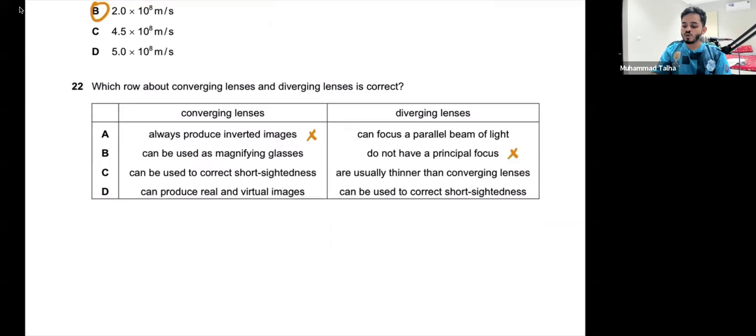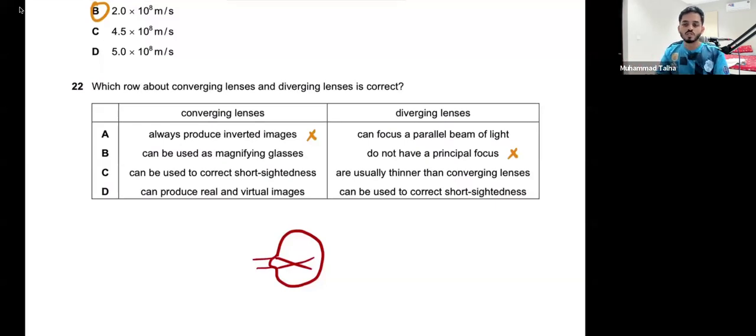All right. So I obviously remember this, but just to show you what short-sightedness really is, if this is the eye, and if this is the ray of light entering. Short-sightedness means that it converges before, right? We say it converges a short distance from the lens in the eye. So if you use a converging lens, it's going to make it meet even before, which is not what you want.